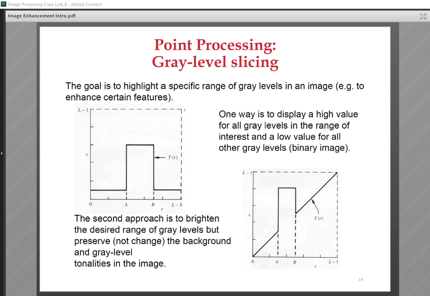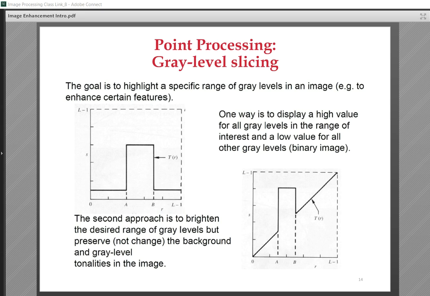Another technique in point processing. We are in spatial gray level enhancement, in point processing, and here in gray level slicing. You see this is the input gray level, R, and this is the output gray level.